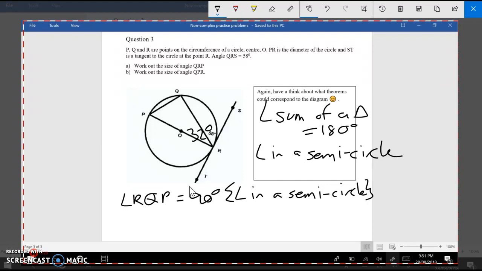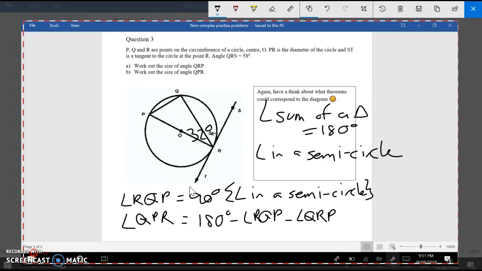Therefore I can say angle QPR is going to equal 180 take angle RQP take angle QRP.